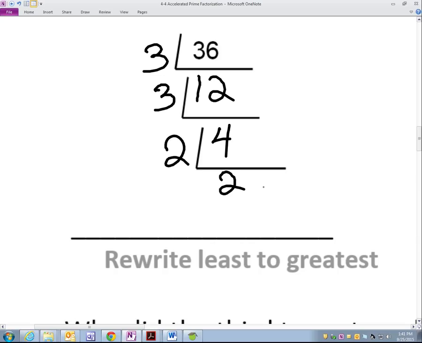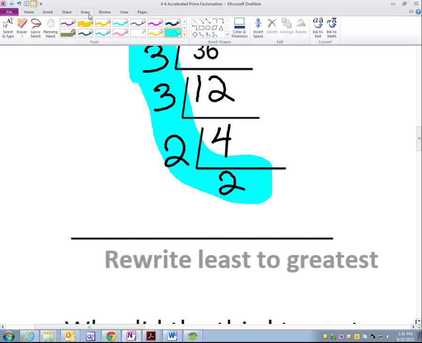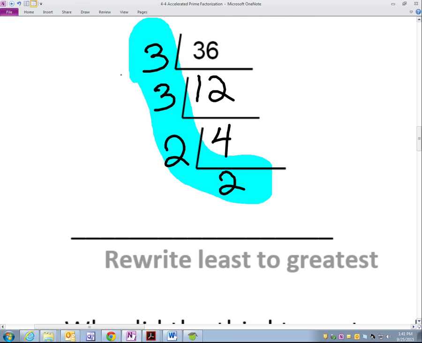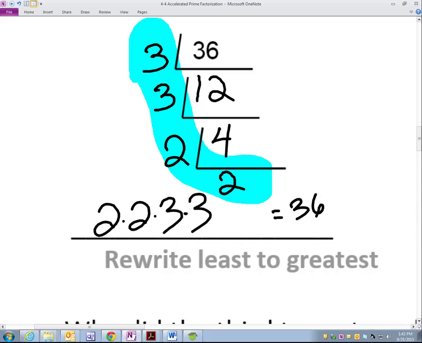So now I'm going to take all the numbers that are on the outside and multiply those together. So I have 2 times 2 times 3 times 3. 4 times 3 is 12, times 3 is 36. So when I multiply those all together, I should have my original number. And if I do, I know that I did it correctly.